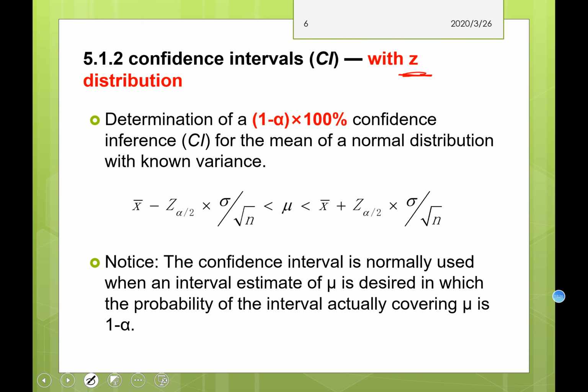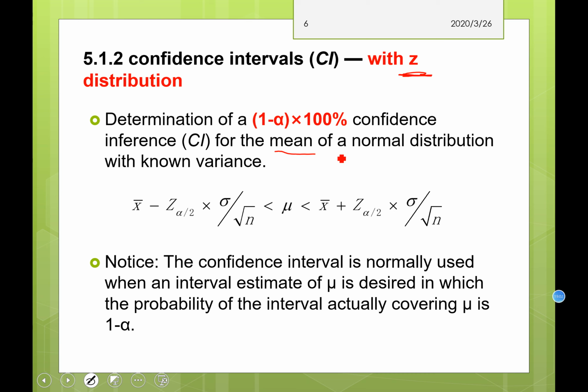Okay, so here, the first one, let's look at the precondition for confidence interval with z distribution. Determination of a 1 minus alpha confidence interval for the mean of a normal distribution with known variance. So we notice that the preconditions for the confidence interval are almost the same as the one sample test, right?